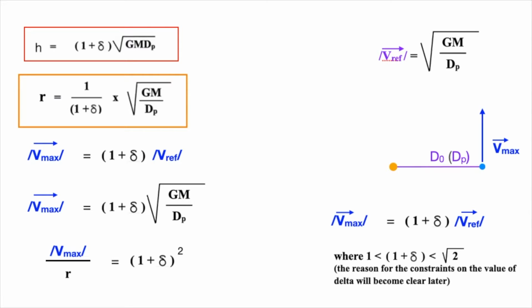And we discovered that the ratio of the magnitude of Vmax to r is 1 plus delta squared, which we simplified by introducing E prime. Based on our subsequent findings in part 5.4, which I will not review here, I will now be using E instead of E prime.